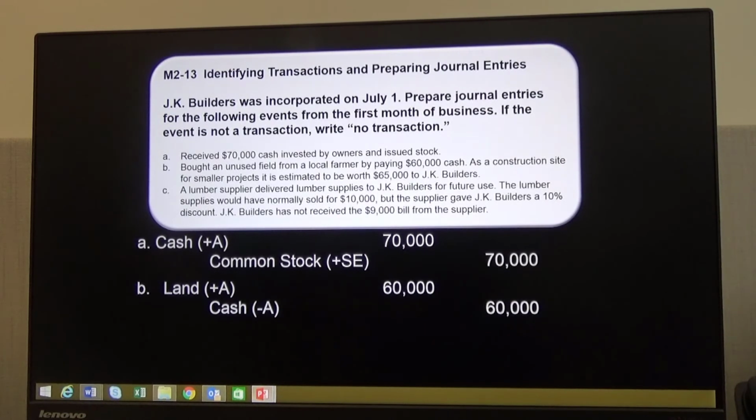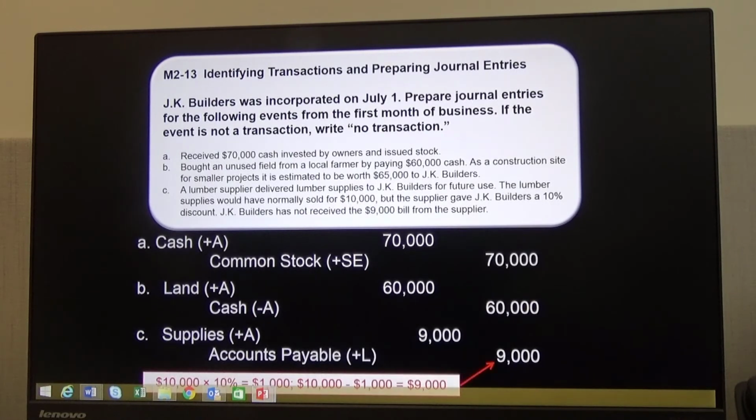The lumber supplies are an asset, and it's an asset that's increasing, so we're going to debit the supplies for $9,000. Then because we haven't yet received the bill and we haven't paid for these yet, we're going to credit accounts payable, which is a liability, and that liability is increasing, and therefore we see that credit entry.